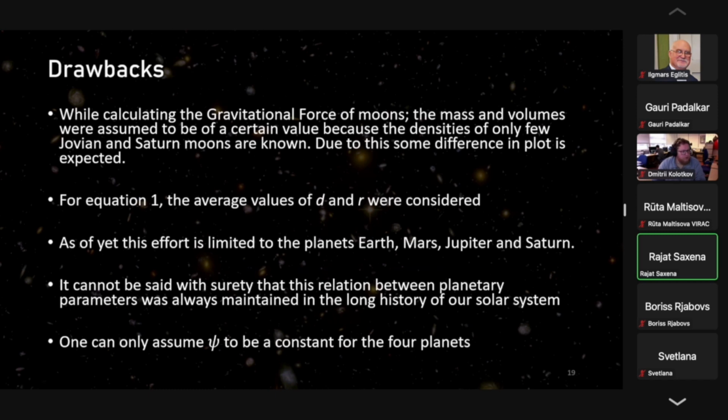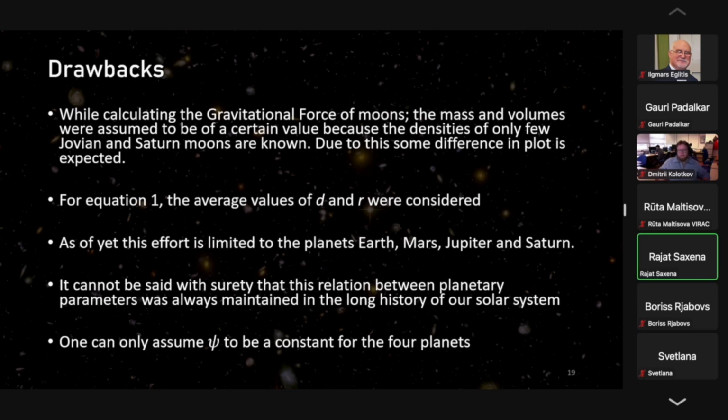So the plot that I have shown you might slightly differ if somebody else makes the plot because of the error bar. The next point being, in equation 1 and 2, we have considered the average value of d and r. So we have not considered the value of r to be changing, which we know changes because of the elliptical orbit of planets.